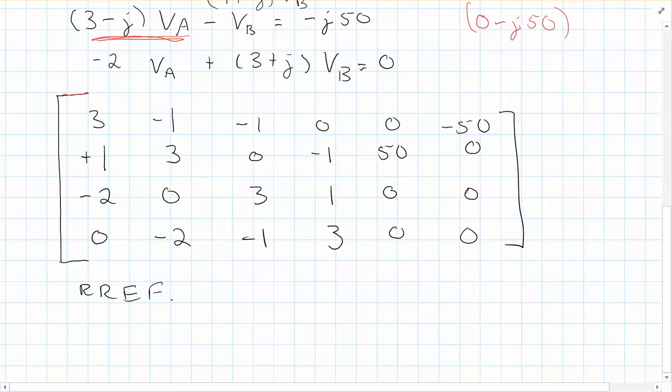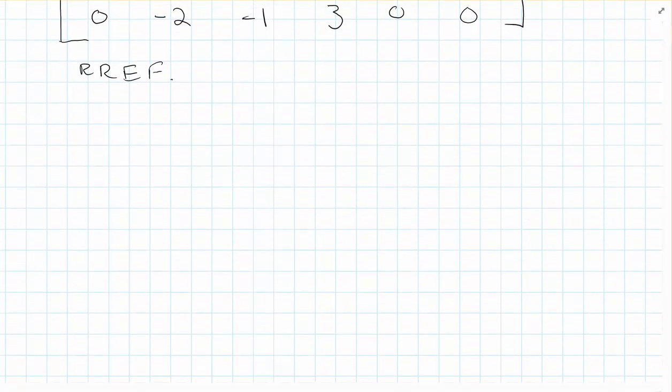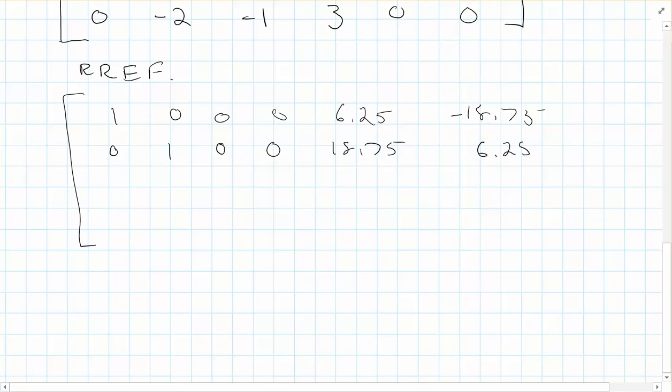If we do the reduced row echelon form, what we end up getting is the following matrix. We wind up with 1, 0, 0, 0, 6.25, negative 18.75. And then 0, 1, 0, 0, 18.75, 6.25.